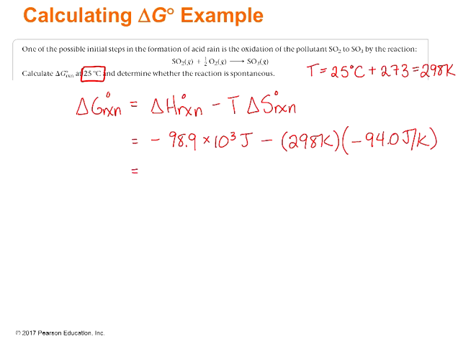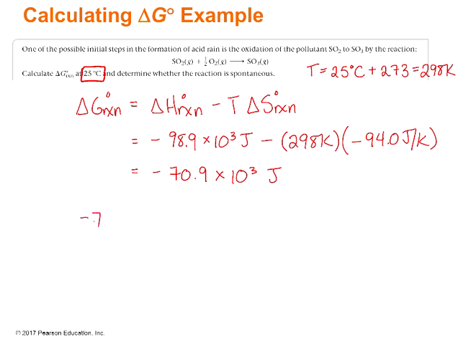So when we plug this into our calculators, we get negative 70.9 times 10 to the third joules. All right, so typically delta G is expressed in terms of kilojoules. So we can convert everything back to kilojoules.